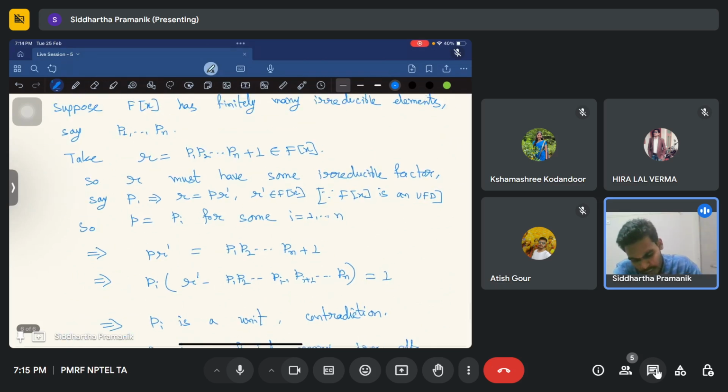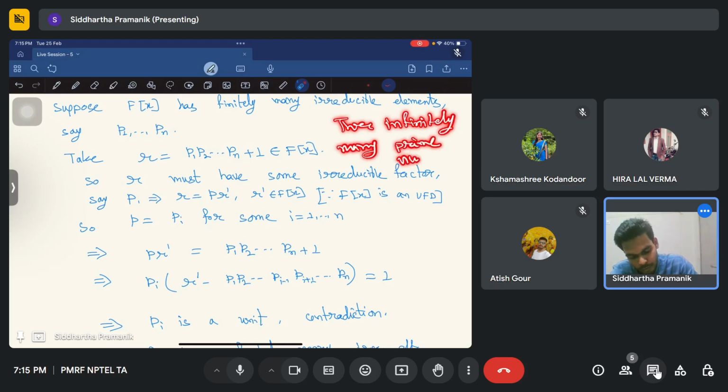So this is basically a copy of Euclid's proof. Euclid proved that there are infinitely many prime numbers. So this is the same proof.